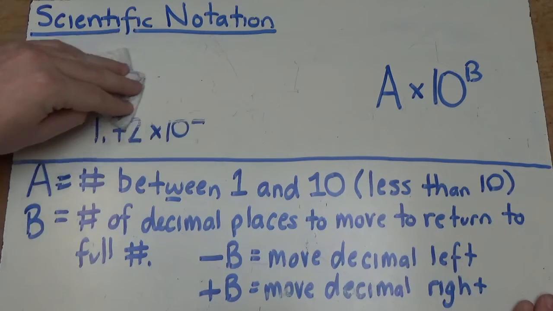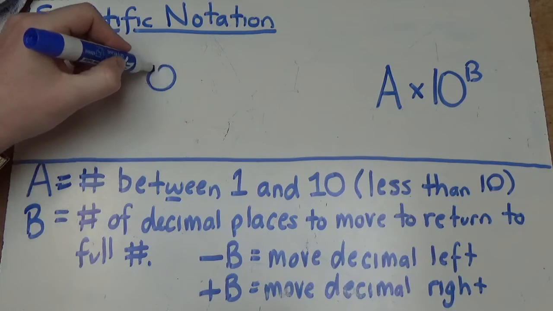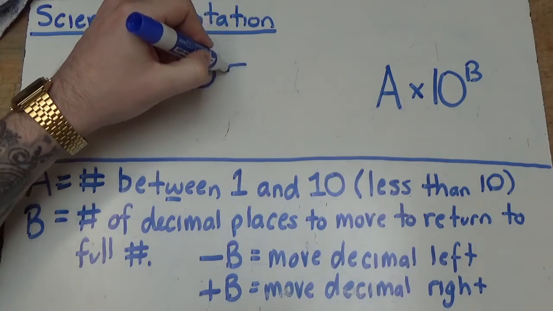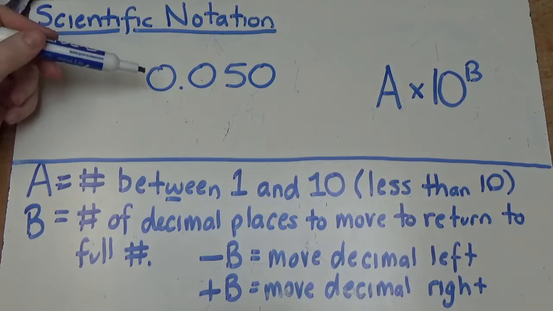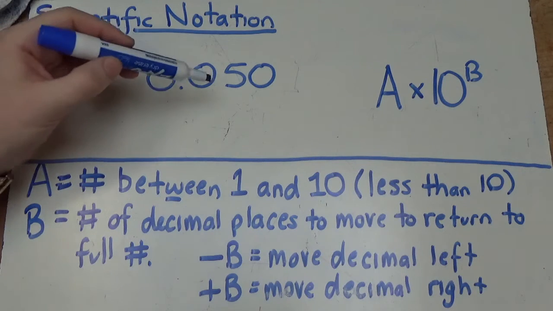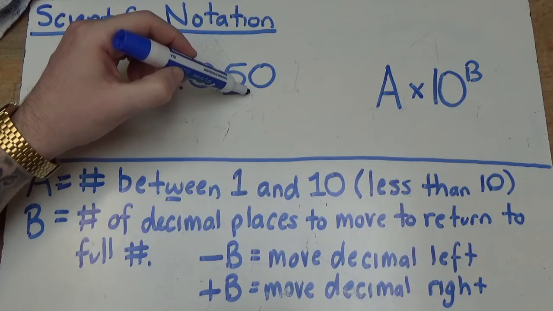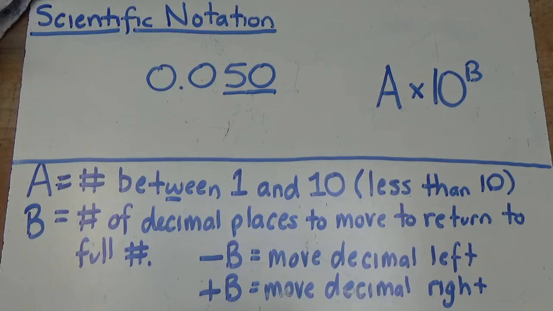Now, for a small number. .050 has 2 significant figures. It has the non-zero 5 and the trailing 0 with a decimal point.